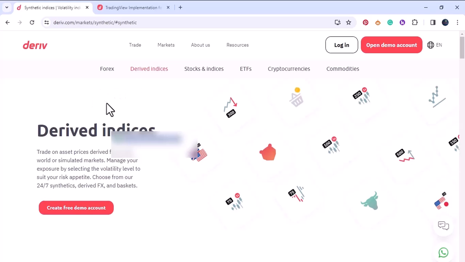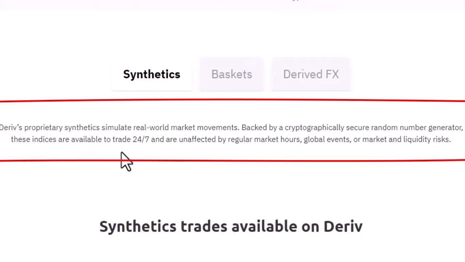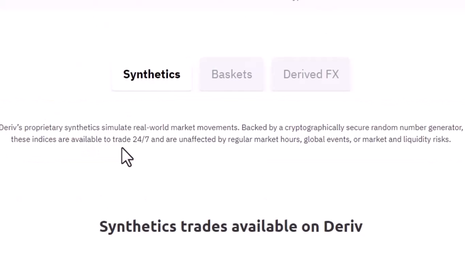Number one, let's use the definition that we get on the Deriv indices website. If you go down to synthetic indices, these are Deriv's own make, right? They make these simulations. They simulate the real market movements, which means the synthetic indices are not real.